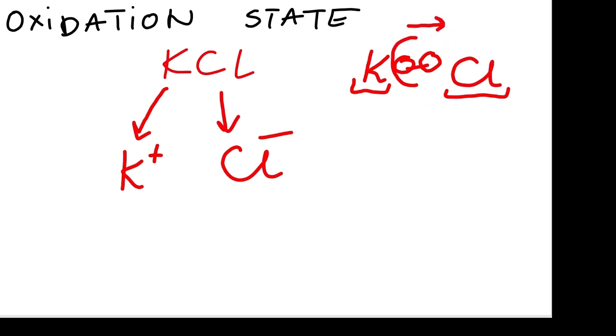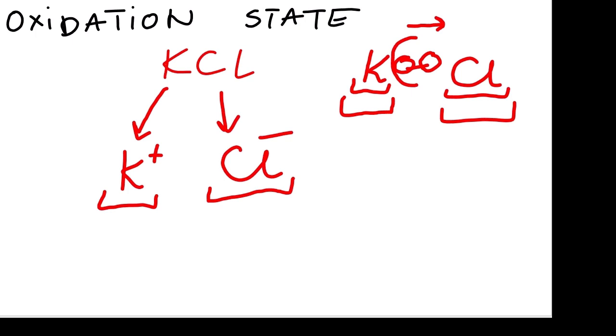Why? Because chlorine is more electronegative. It attracts electrons harder. So the chlorine atom contains an extra electron, its charge is equal to -1, and the potassium atom loses this electron. Therefore, the charge of the chloride is equal to -1, and the charge of potassium is equal to +1.